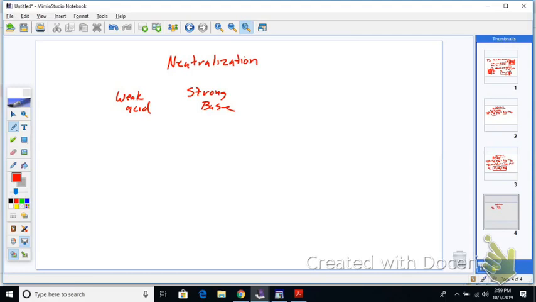So I'm going to take a weak acid, take HF. I'm going to pair it with a strong base, NaOH. So go ahead, if you would, and write out the products for that.